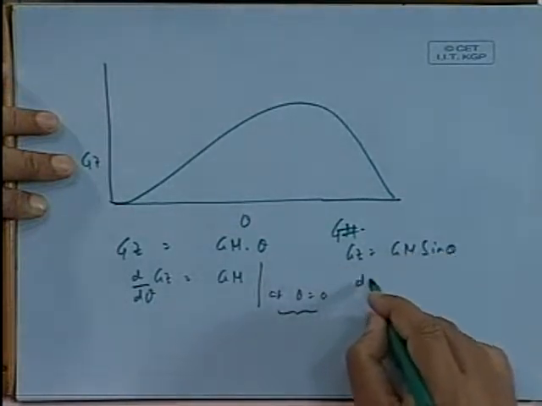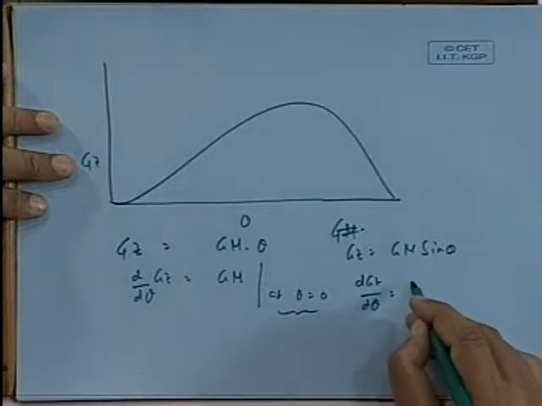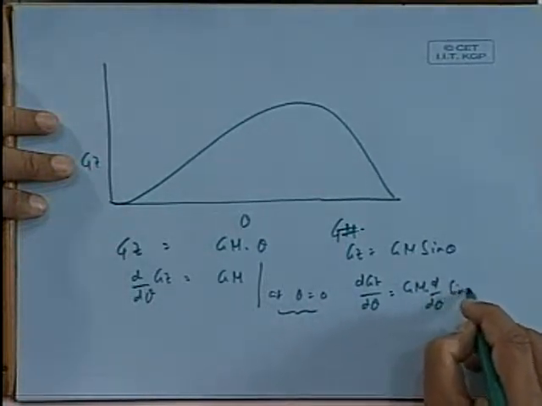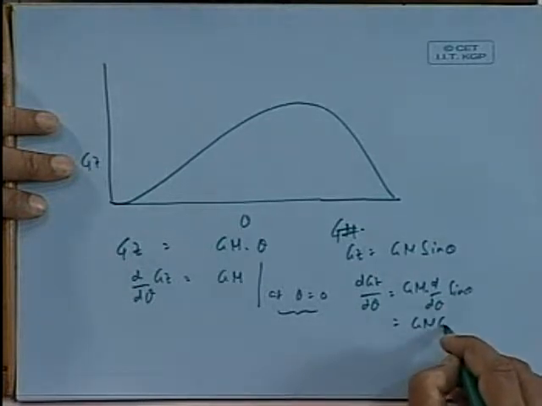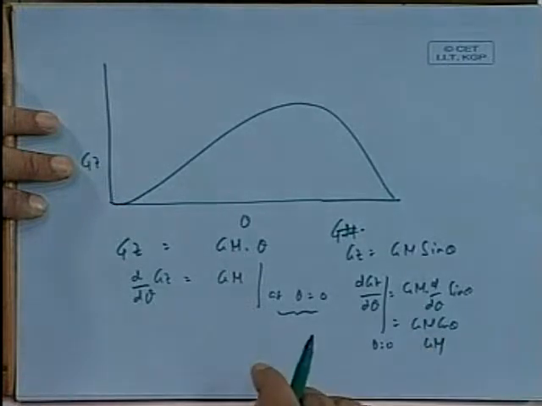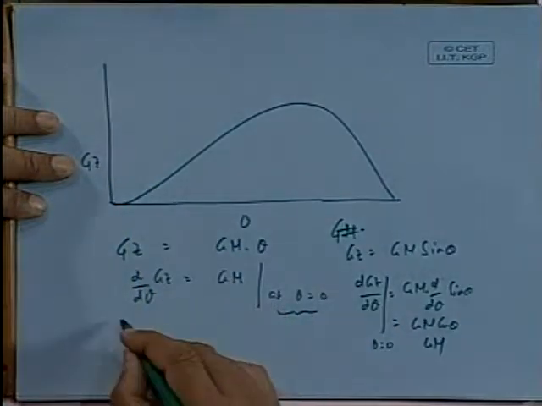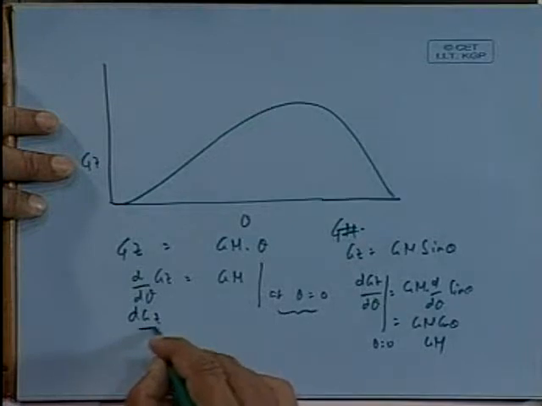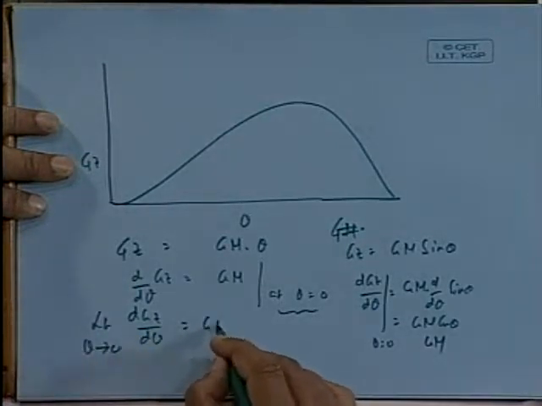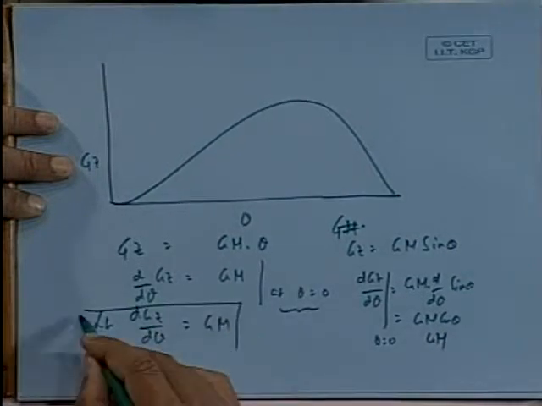So dGZ by d theta is GM into d by d theta of sine theta, that is GM into cos theta. Taken as theta equal to 0, this will become GM. At the limit, that means dGZ by d theta, the exact formula is like this: limit theta tend to 0 is GM. This is my exact formula.